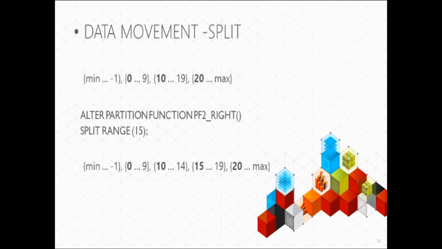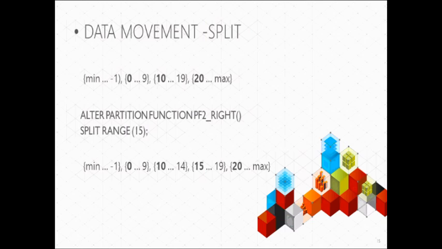The result will be that we have four boundary values, 0, 10, 15, and 20, and therefore five partitions. The new partition beginning with 15 is now partition 4, and the old partition 4, the one starting at 20, gets renumbered as partition 5.